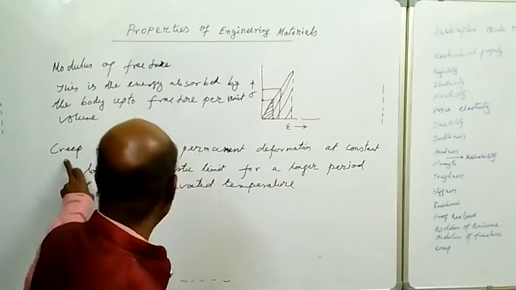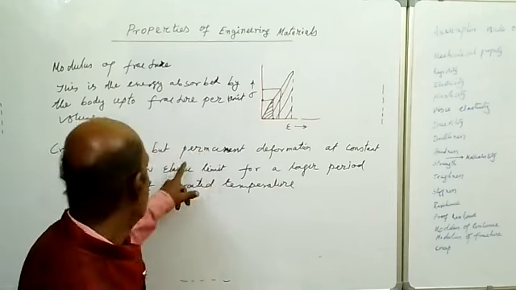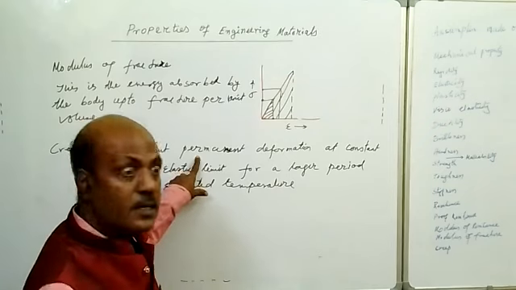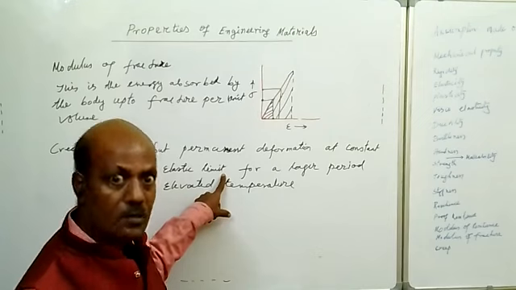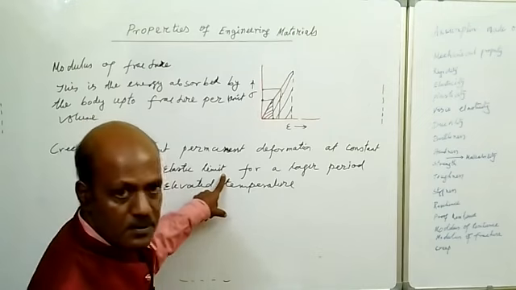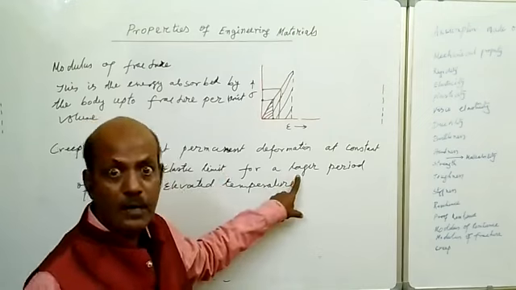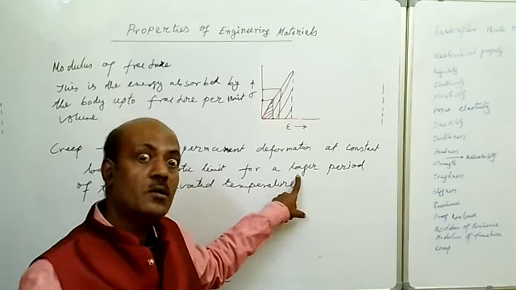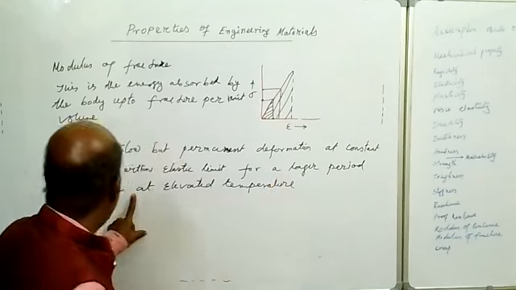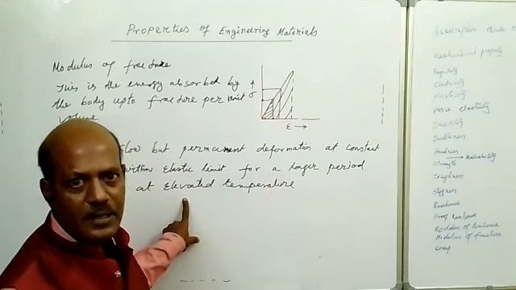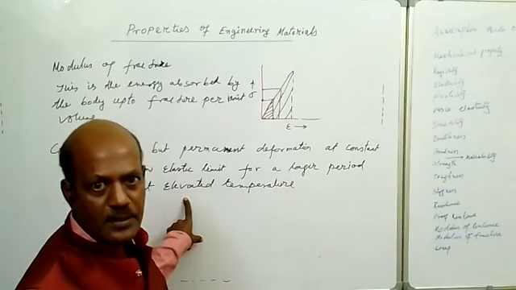But in case of creep, permanent deformation takes place within elastic limit. Even though the load value is within elastic limit, permanent deformation takes place when the body is loaded with that value for a longer period of time at elevated temperature, at very high temperature.